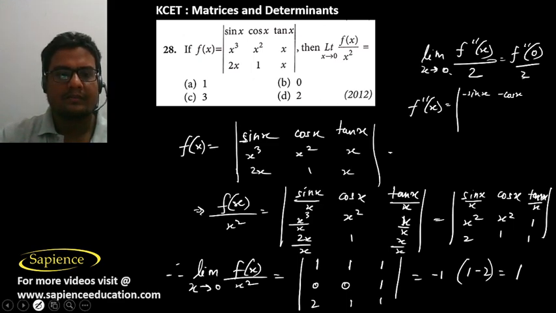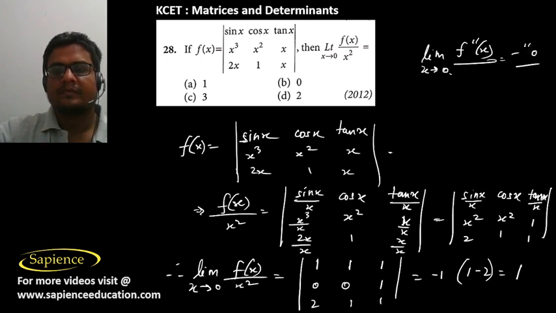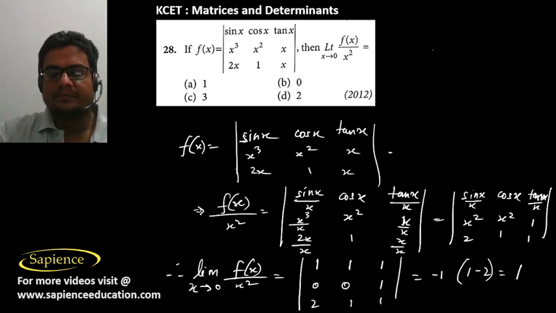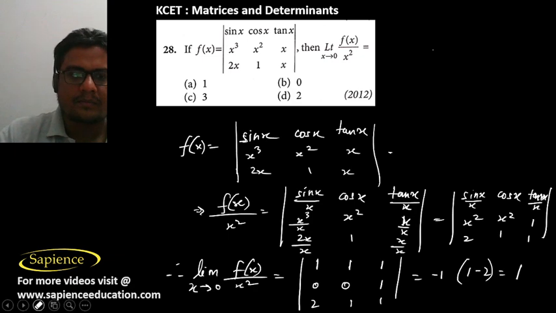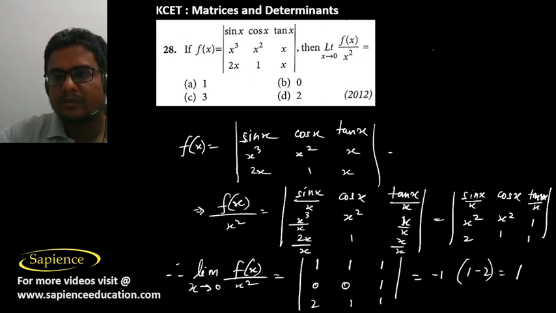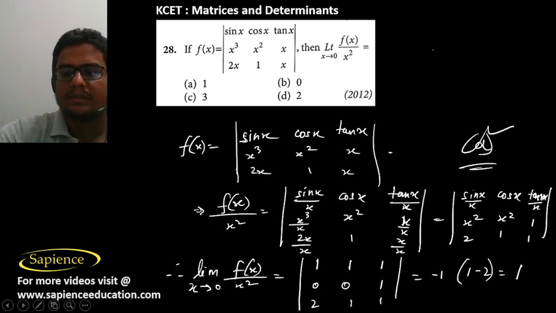So here, if we put x equal to 0, this is coming 1. So option A is the correct answer.